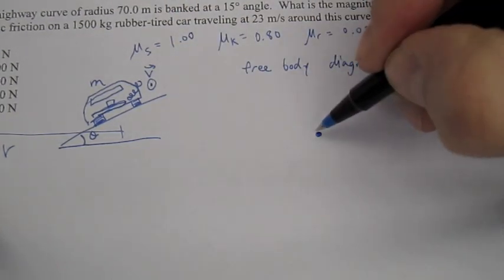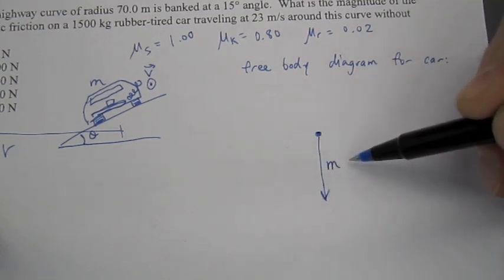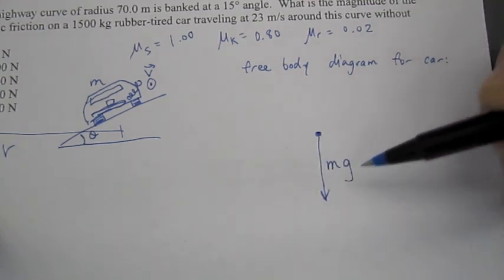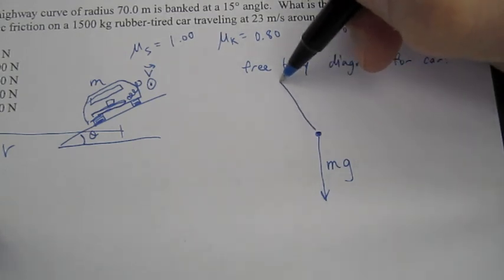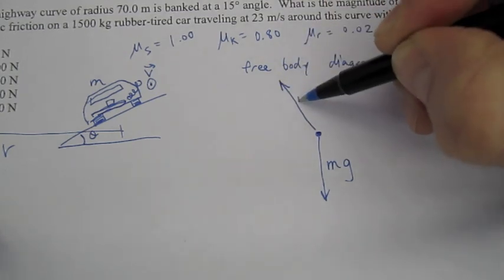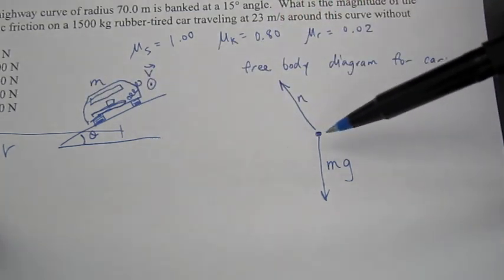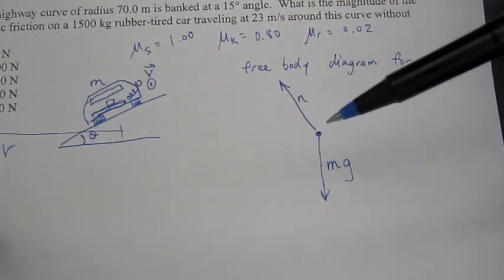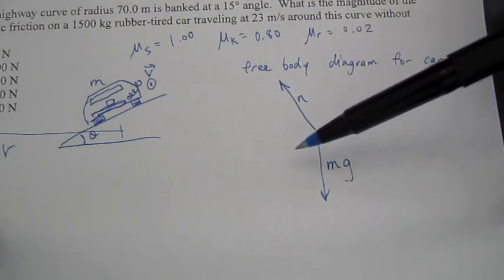In this view, we always have mg, the force of gravity on the car, pulling it downwards. In this case we have the normal force pushing upwards on the car in this direction, and we also have static friction on these wheels, and we know static friction will act perpendicular to the normal force, but at this moment I'm not quite sure if the static friction would act up the hill or down the hill.